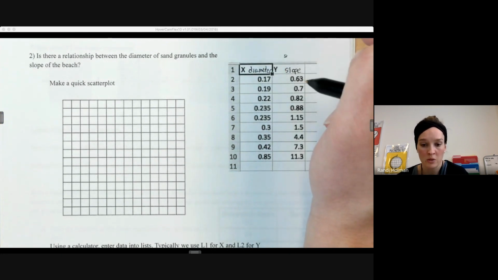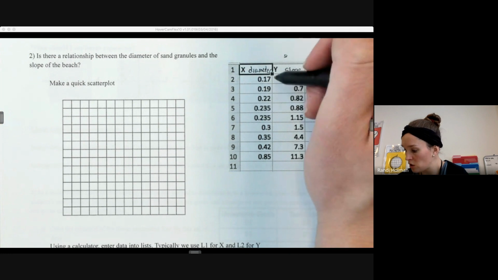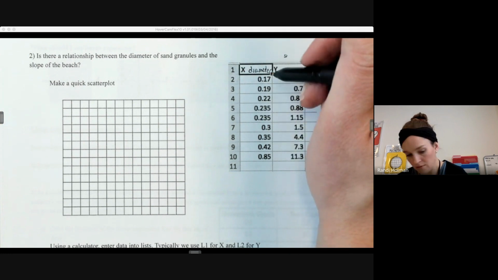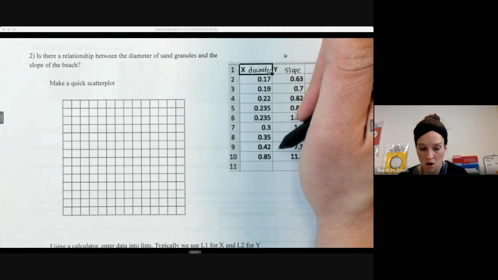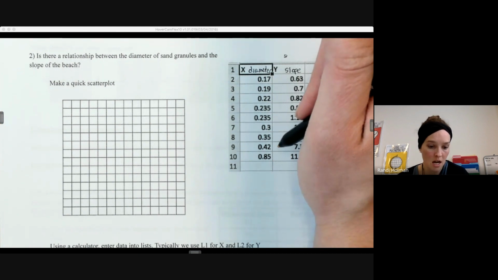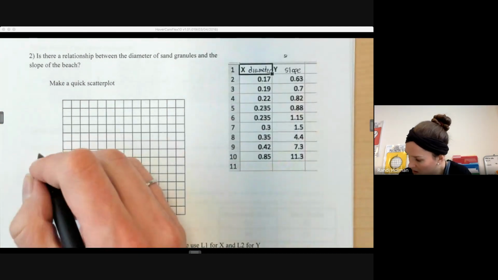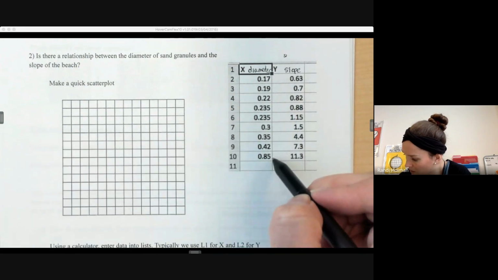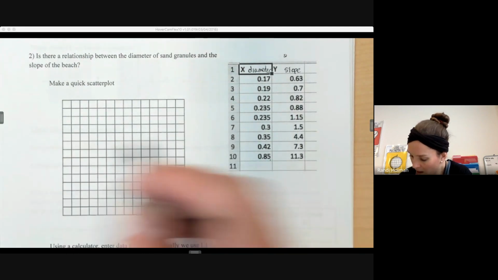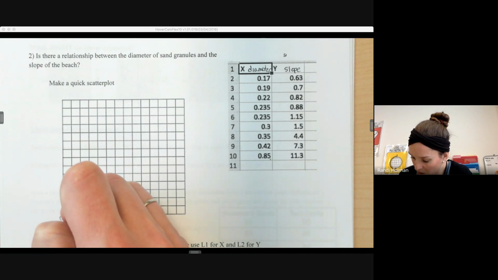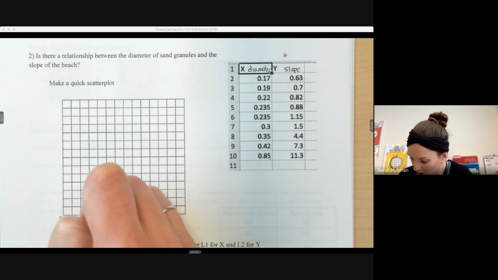So if we're looking at those two things, kind of look at your range here. These are all really, really small values. So I'm going to start at, let's see, we get up to 0.85. I'm just going to start at 0 here and just go up by 0.1s.